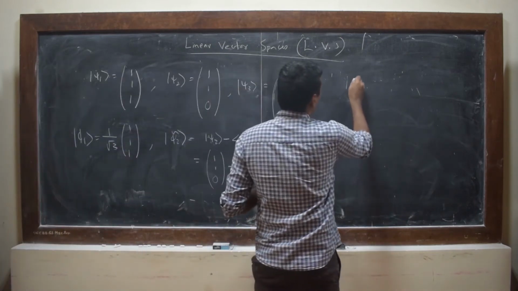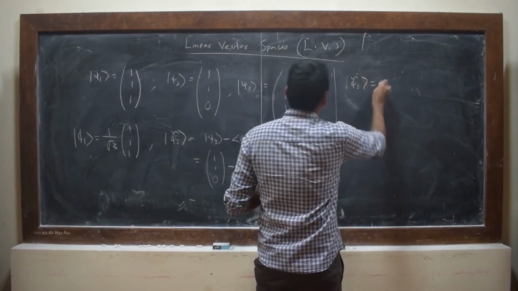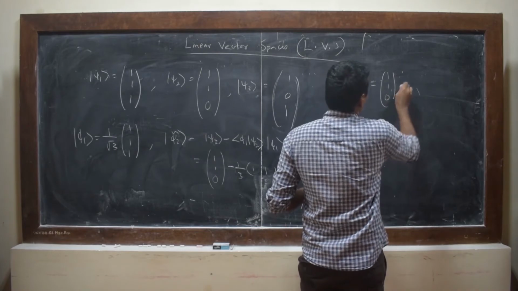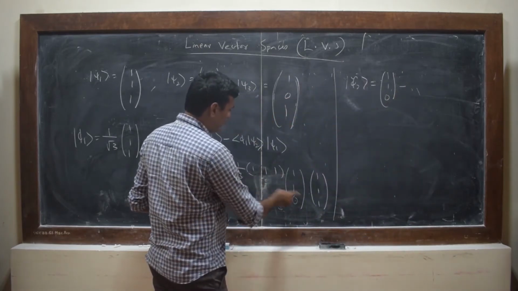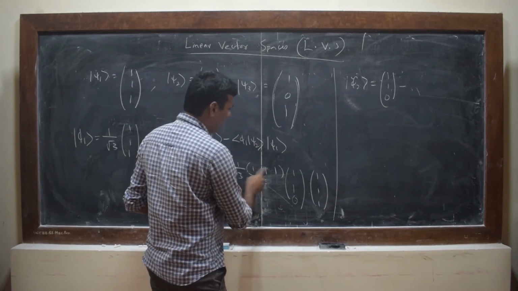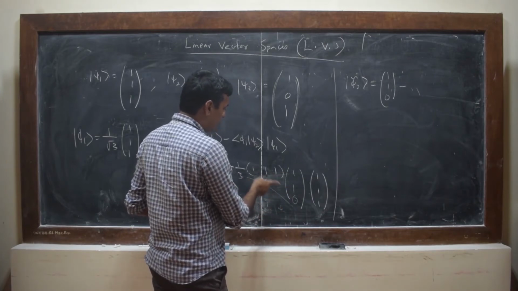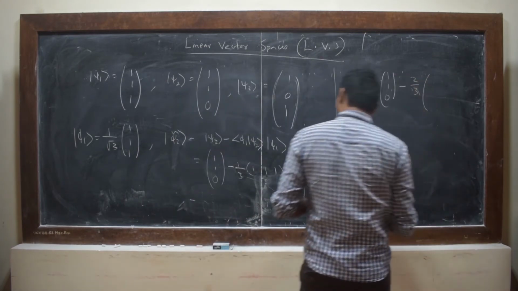So your phi 2 tilde is equal to (1, 1, 0) minus, you have a 1 by 3, and if you take the product of these two you will get 1 into 1 plus 1 into 1 plus 1 into 0. So you will get 2 there. So (1, 1, 0) minus 2 by 3 into (1, 1, 1).